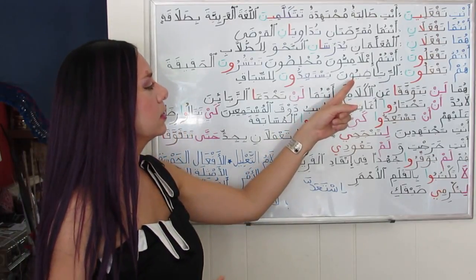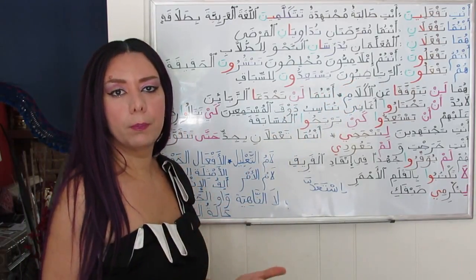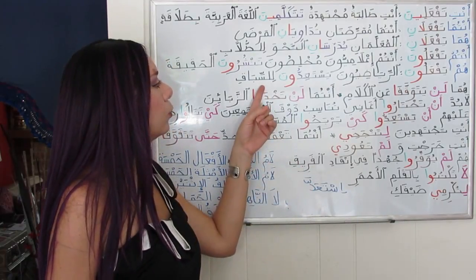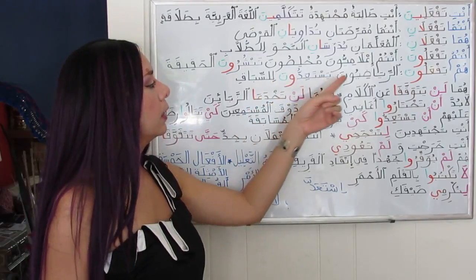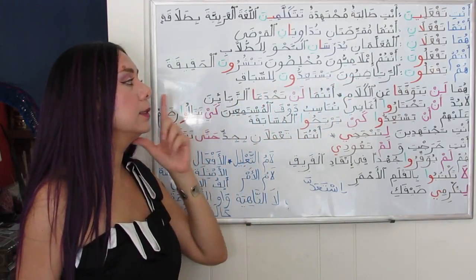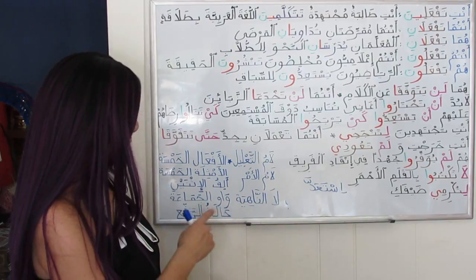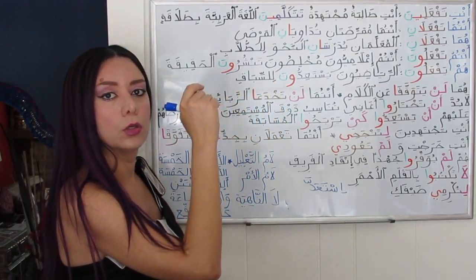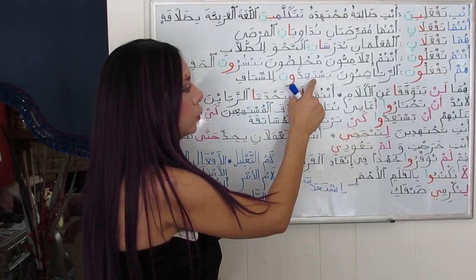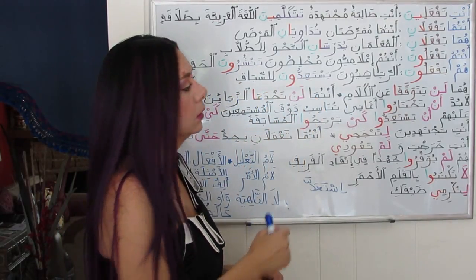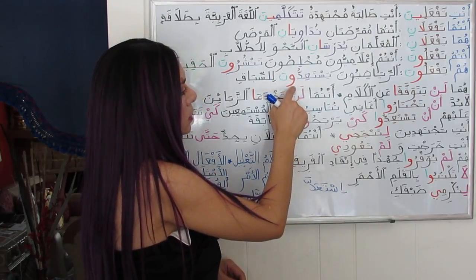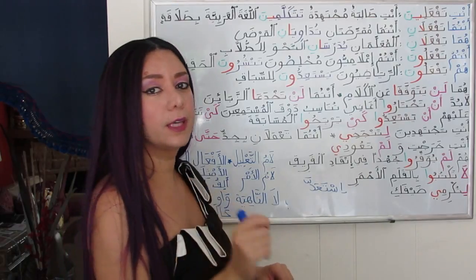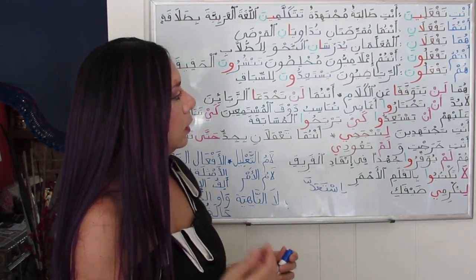The athletes prepare or are getting ready for the race. الرياضيون يستعدون للسباق. So this واو الجماعة is the subject of the verb استعد as a suffix, and this is the mark of the nominative case. Alright.